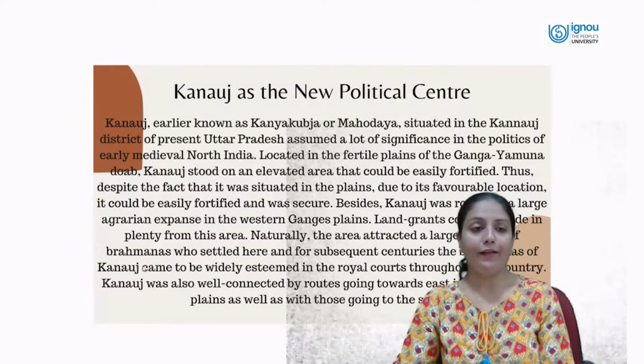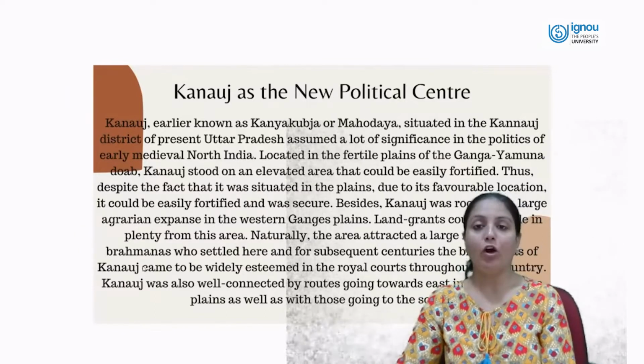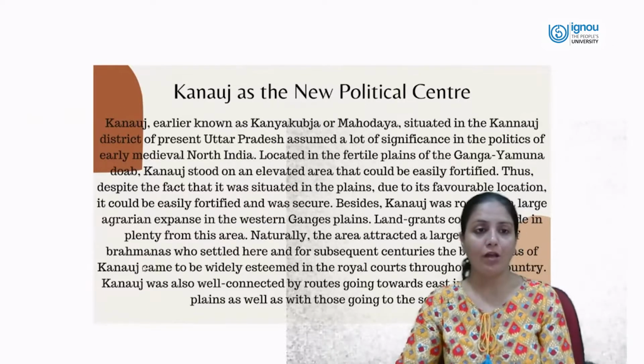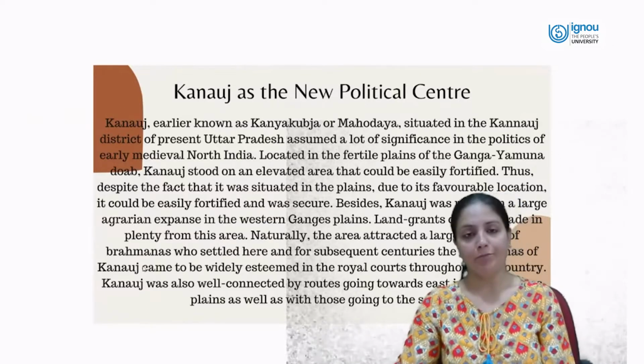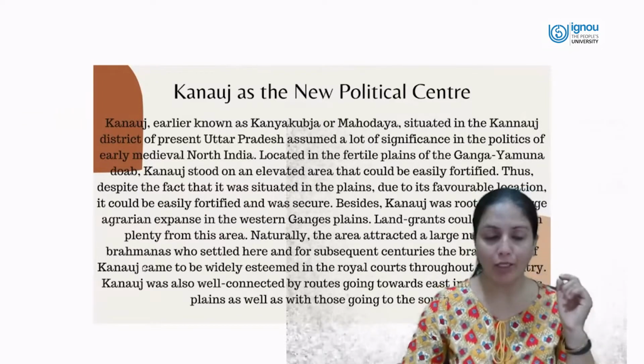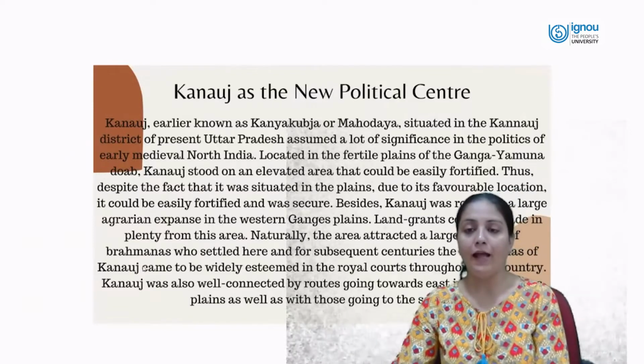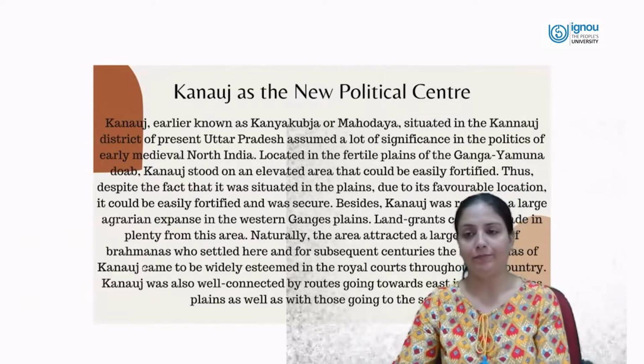That was situated in Kannauj district of present Uttar Pradesh, and assumed a lot of significance in the politics of early medieval North India. It was located in the fertile plains of the Ganga-Yamuna Doab. Kannauj stood on an elevated area that could be easily fortified.